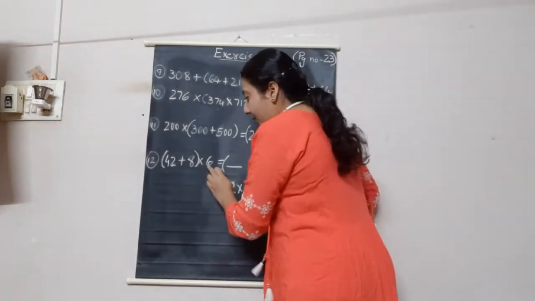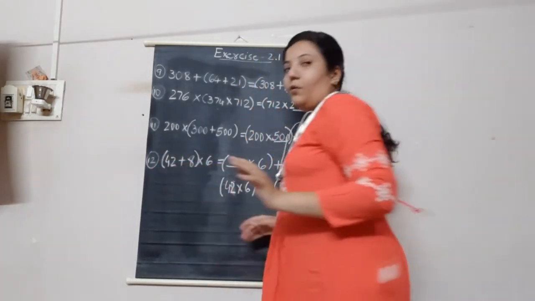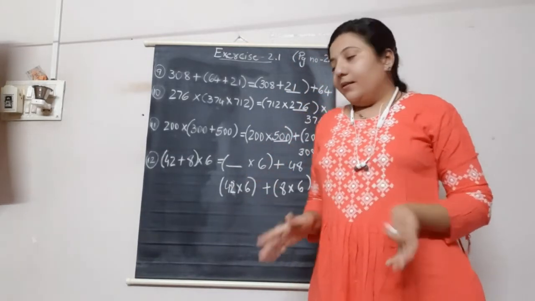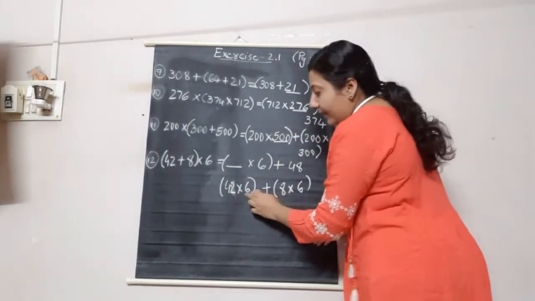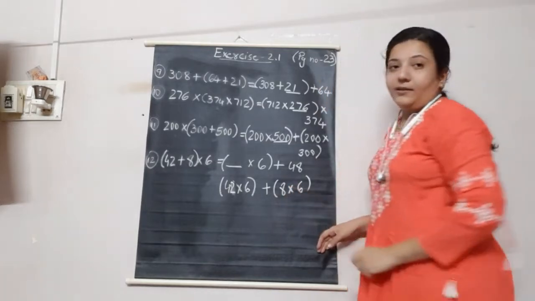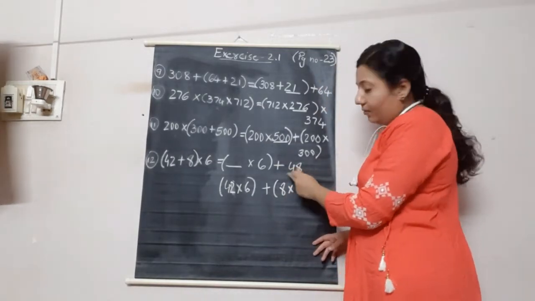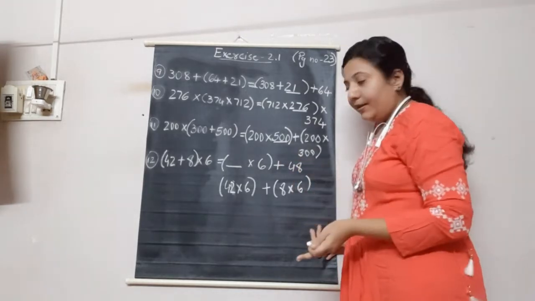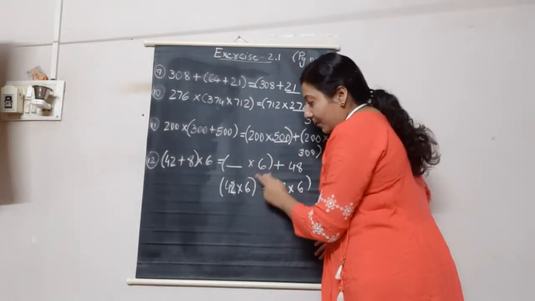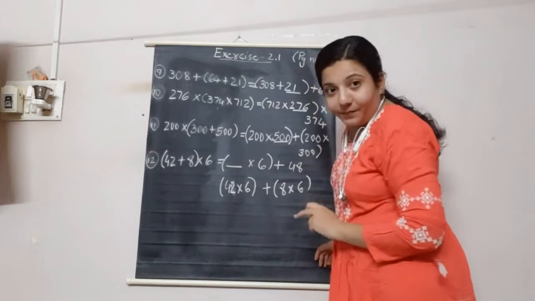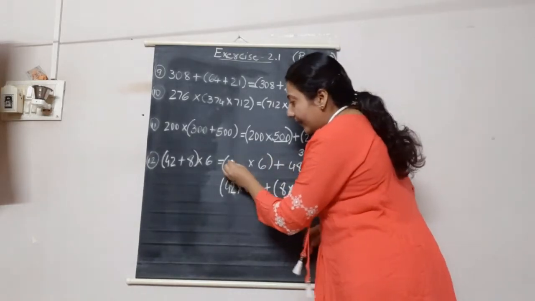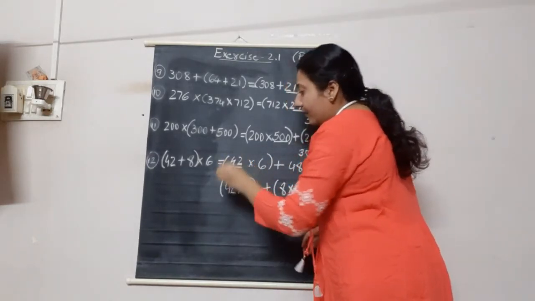First you distribute this 6 to both. We know the distributive property, right? So we have distributed here 6 into 42 and 6 into 8. Now here 6 8s are 48. So that they have already written. Here 42 multiply 6 if we write, then it will be the same. So we will write here 42.